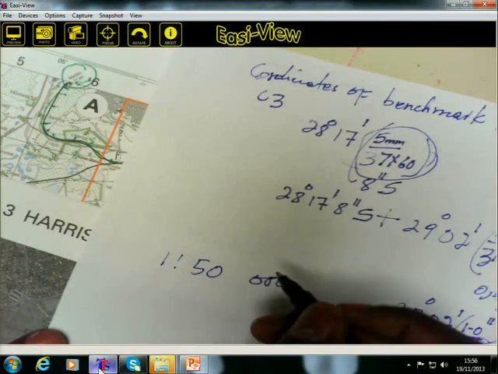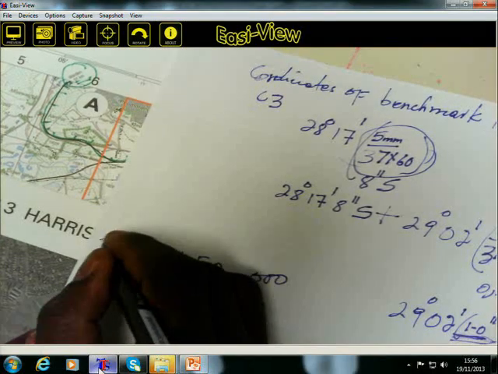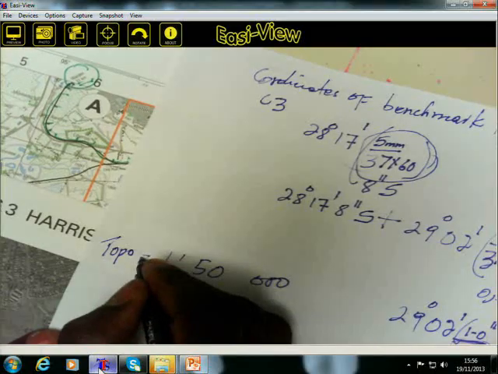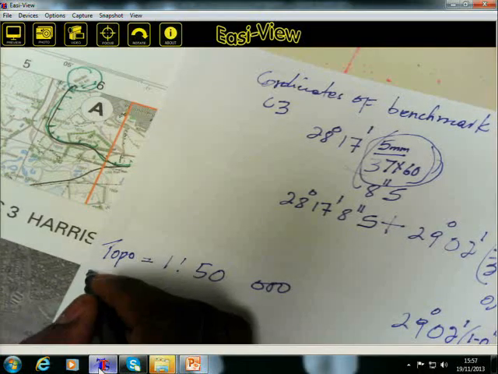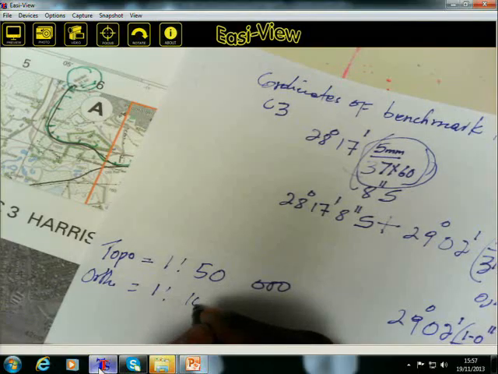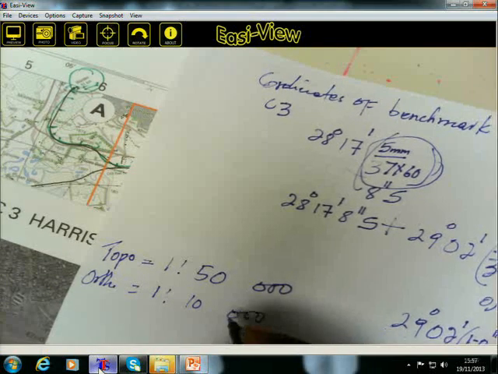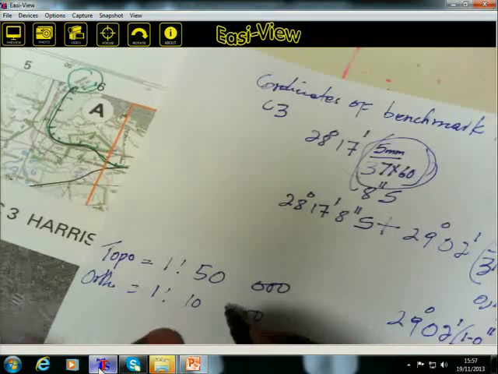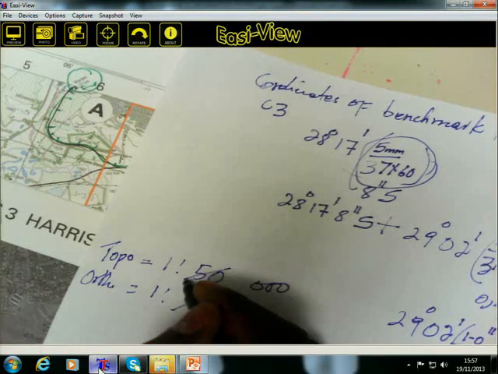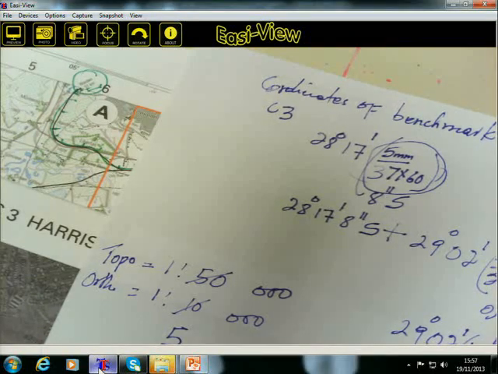Now let's refer back. A topographical map is 1:50,000. An orthophoto, this is your topographical. It's 1:50,000. Your orthophoto is 1:10,000. Every time we say 10 into 50 goes 5 times.